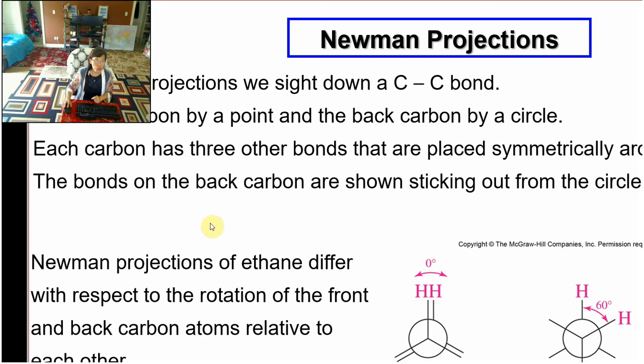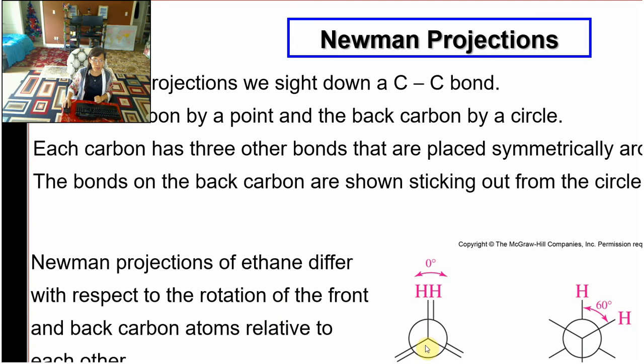For this ethane Newman projection, you can write down infinite structures when you rotate by different angles around the carbon-carbon single bond. However, three major structures are normally used for study.